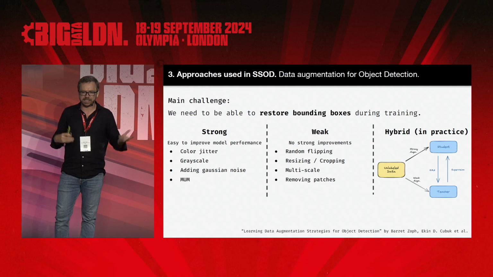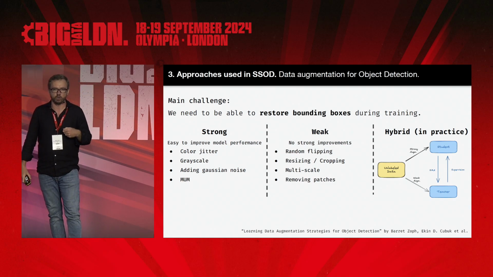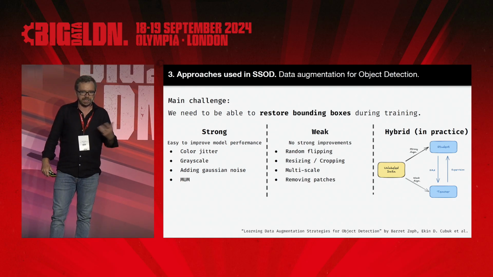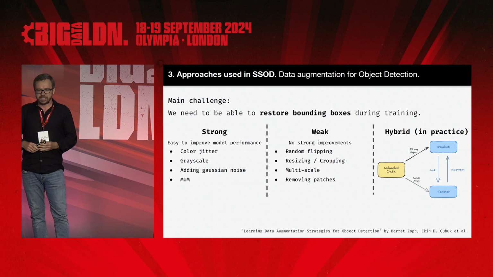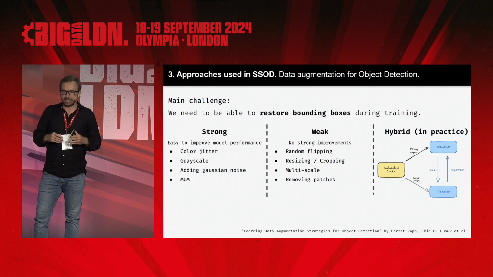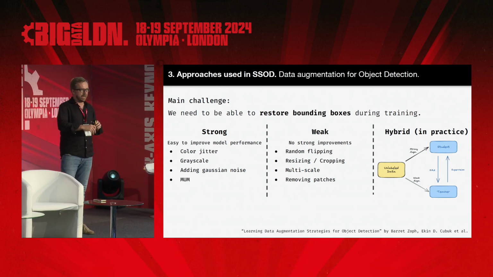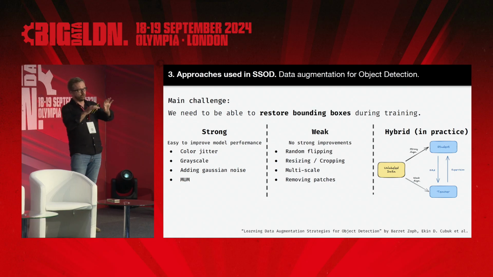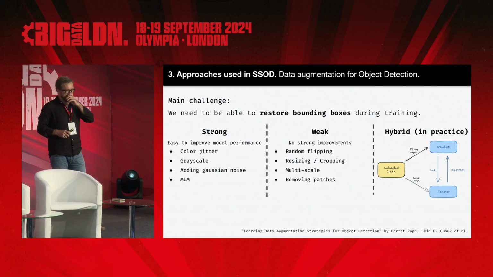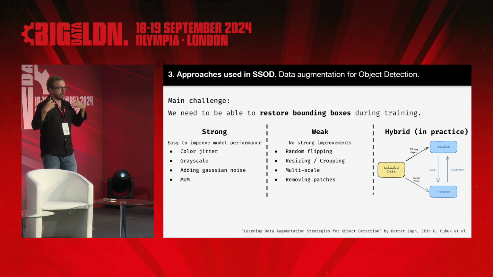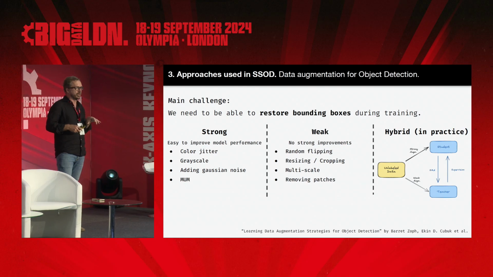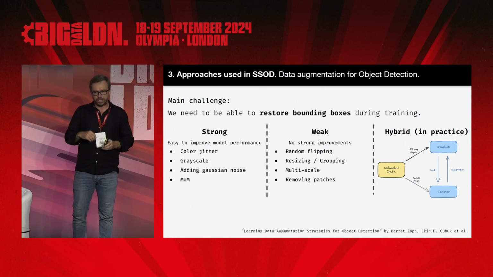But to text, you can apply similar ideas, just the augmentations will be slightly different. So the idea is like this. We have an image, we apply two different augmentations. As usual, people in research call it strong augmentation and weak augmentation.